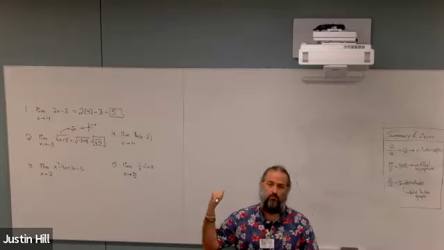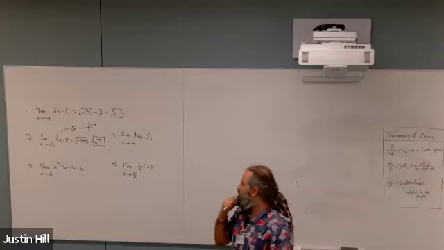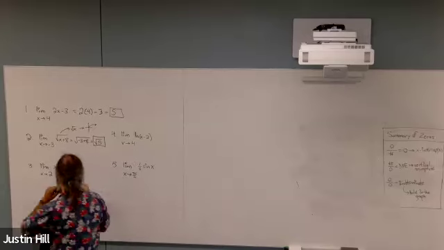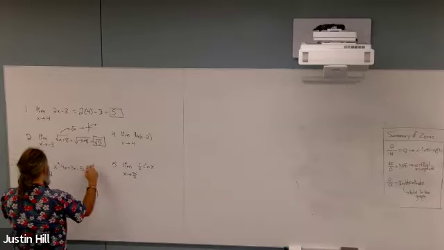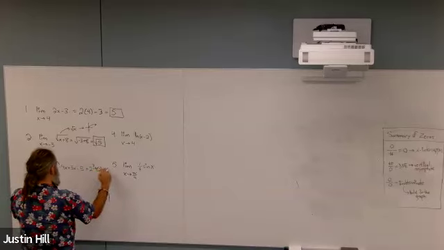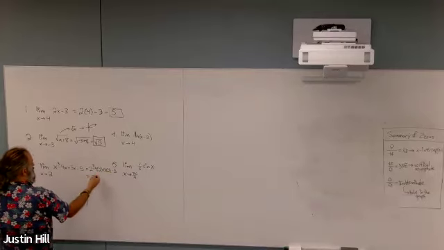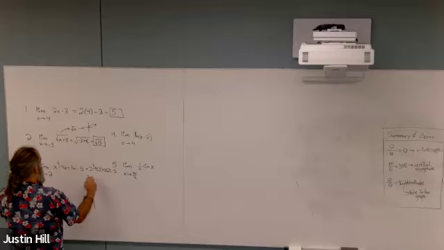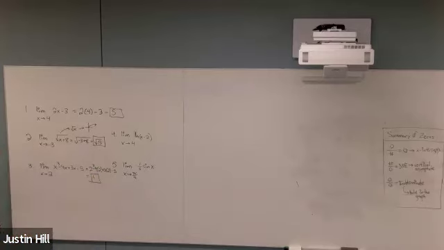No breaks, no jumps, no holes in the graph, no vertical asymptotes, etc. So I can just plug this in and calculate. 2 cubed is 8, times 4... and that's actually 1. And there we go. Good.